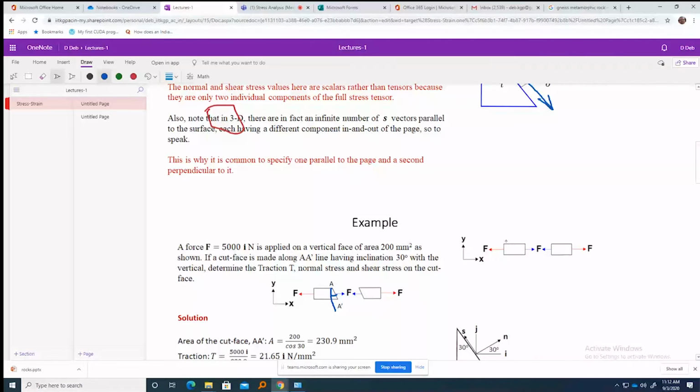Now the question is, what is the traction vector, the value, along the AA dash, as well as the normal and shear stress. Okay. Now, how can we do that? This 200.